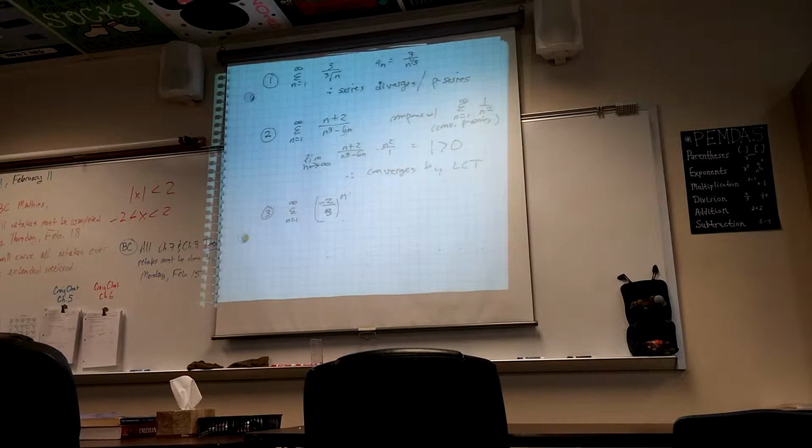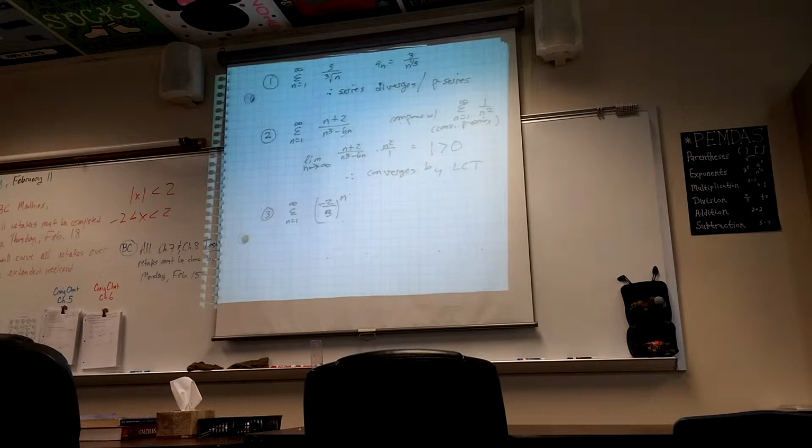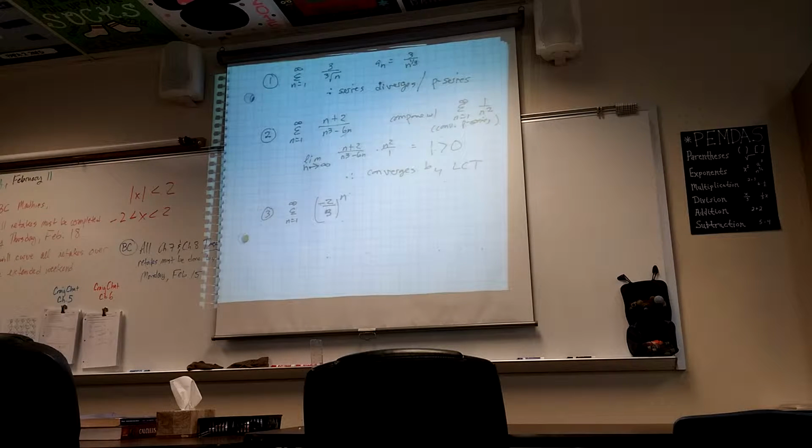Negative 2 over 3, all to the nth power. So, that's a 3. Geometric?